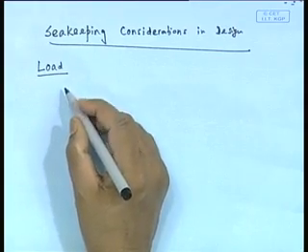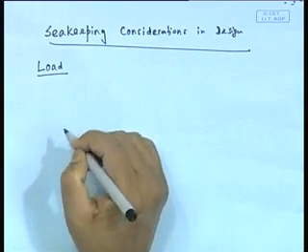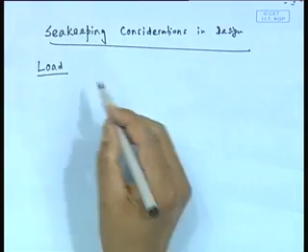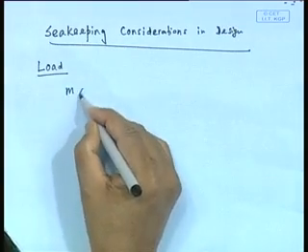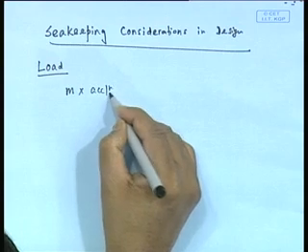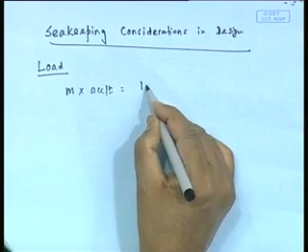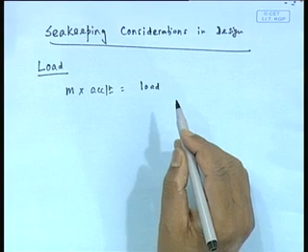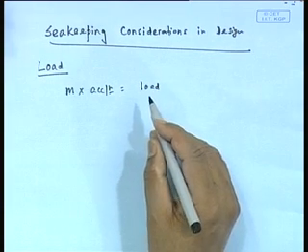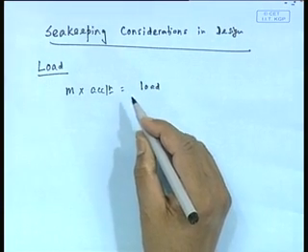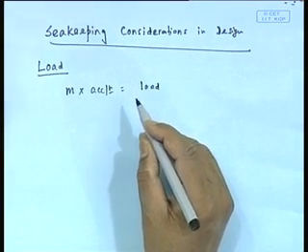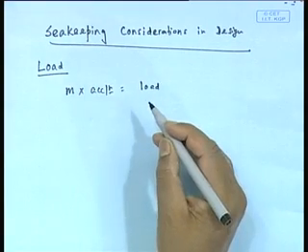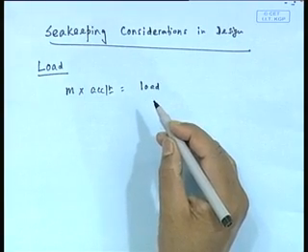See, when we calculated ship motions, we already had load in it, because the calculation was based on mass into acceleration equal to load. However, from structural point of view, quite often a structural engineer actually would like to know what is the kind of pressure coming on the hull, what is the bending moment coming on the hull because of this seakeeping, because of the motion and because of the wave induced loads.